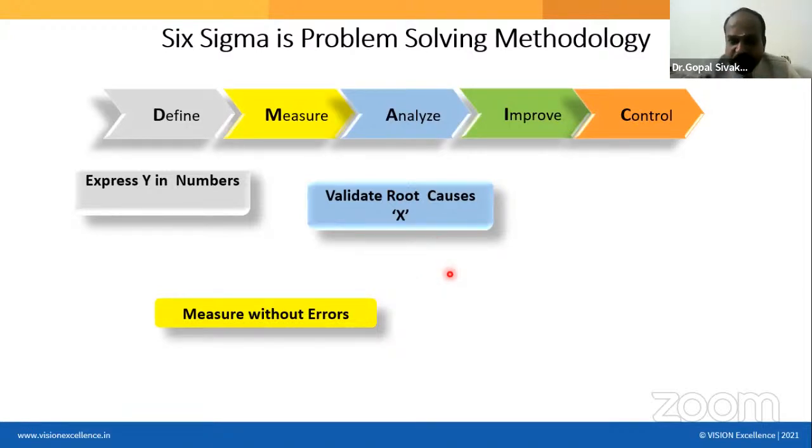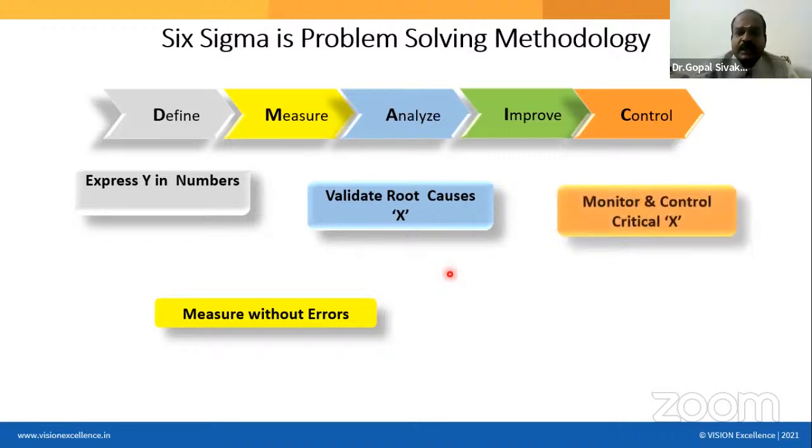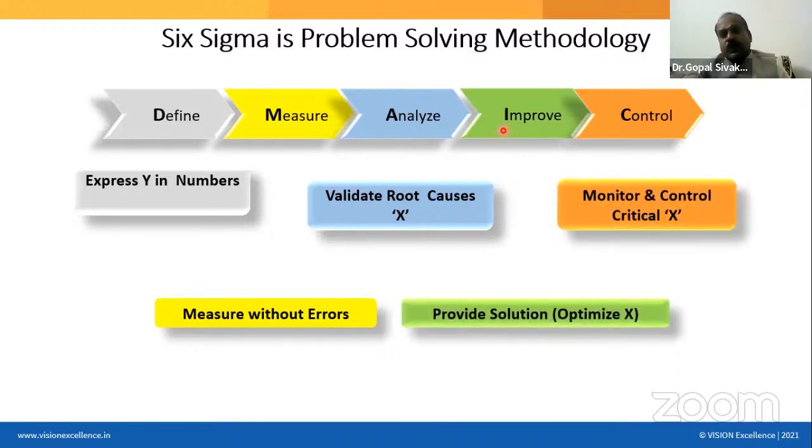Now that the root cause is understood, you are in a better position to talk about the solution. You now offer the solution. And the solution is always with the X variable on the right side of the equation. Please note, your problem is the left side, which is associated with the Y variable. Now your solution is on the right side, which is associated with the X variable.